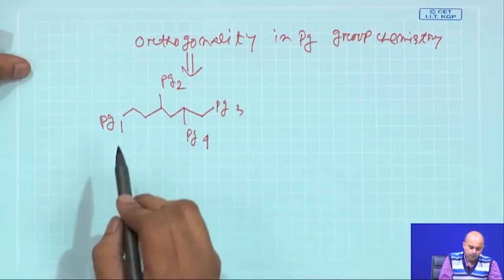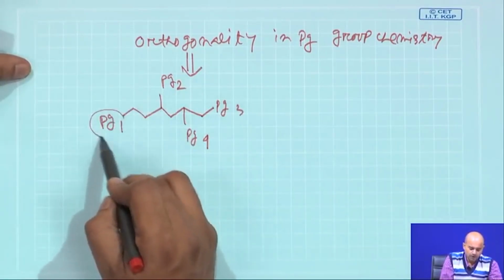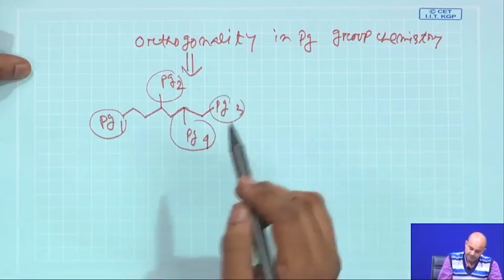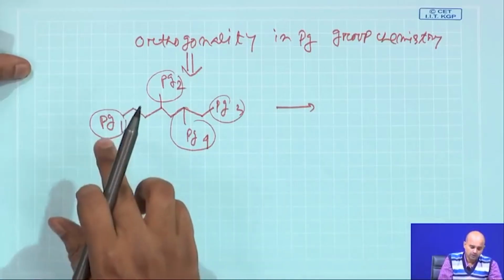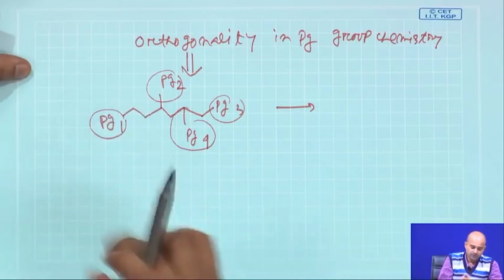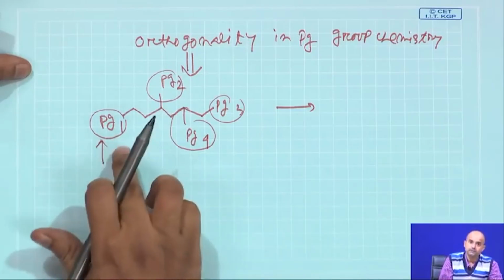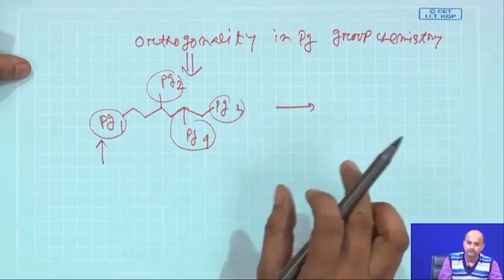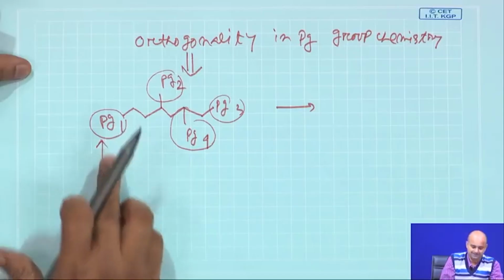Whenever you do a reaction on any reacting site, in principle all the protecting groups should be inert. Then say you want to selectively remove PG1 to do some FGI on this reacting site. Under this reaction condition, only PG1 should be cleaved, and PG2, PG3 and PG4 must remain intact. That is the orthogonality: your reagent system should only target PG1.